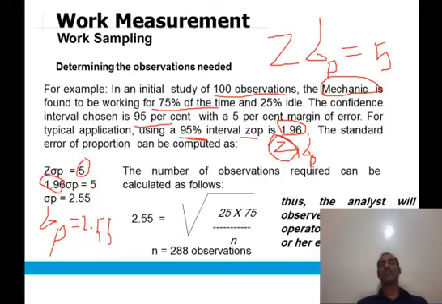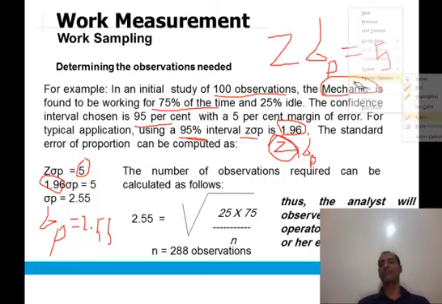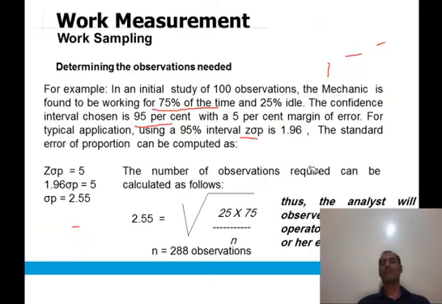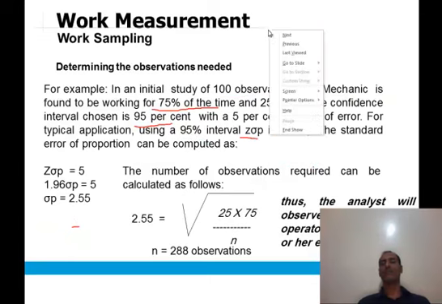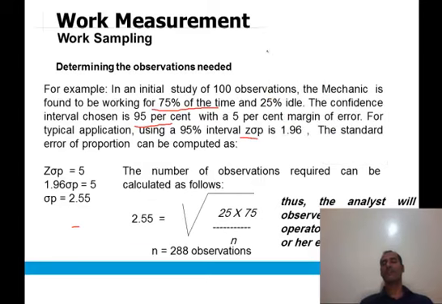Okay, let us compute in the proper way. Z is the correction factor for the statistical or normal distribution.